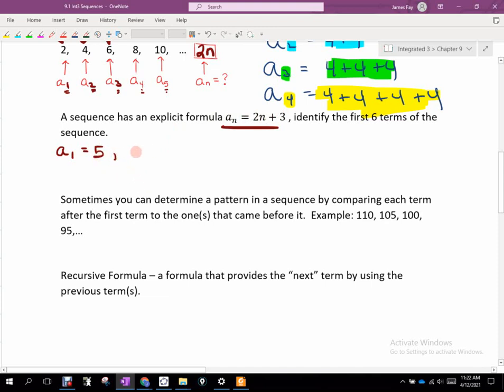A sub 2, I put the 2 in for n now, and I get what? 7. A sub 3, a sub 4, a sub 5, and a sub 6.